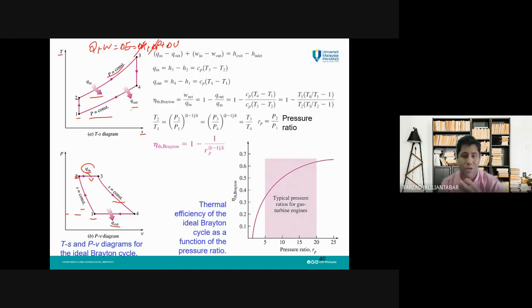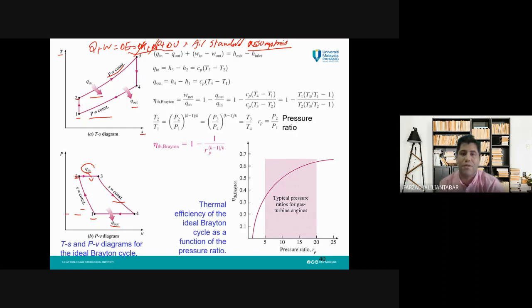If you remember, the working fluid is air, so we have air standard assumptions in our calculation.